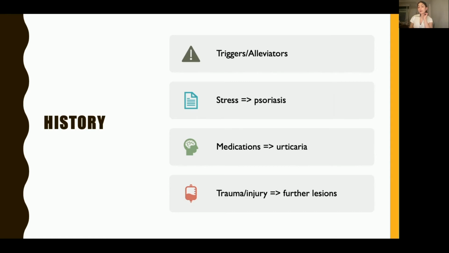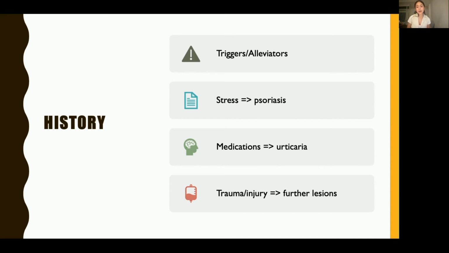Then you should ask about whether there are any triggers or alleviators. You can tell we're following more of a SOCRATES pattern, like for pain. Just ask what makes the lesion worse and what makes it better. For example, stress can trigger a bad psoriasis flare. You might have a patient planning their wedding who now has new flares of psoriasis, so clearly stress is a big factor for them in this situation.